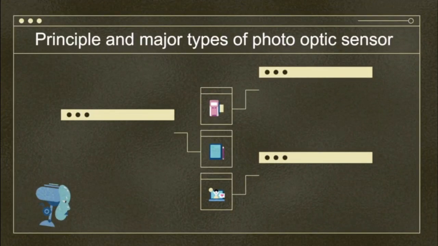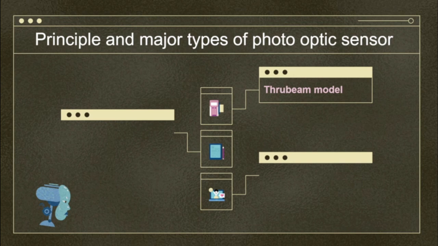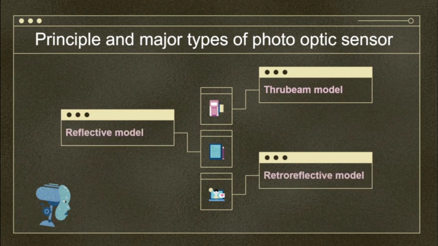Three principal and major types of photo-optic sensor. First, the true beam model. Second, the reflective model. And third, the retroreflective model.